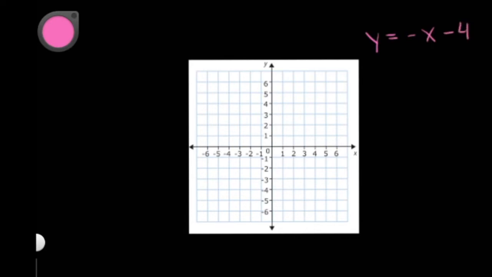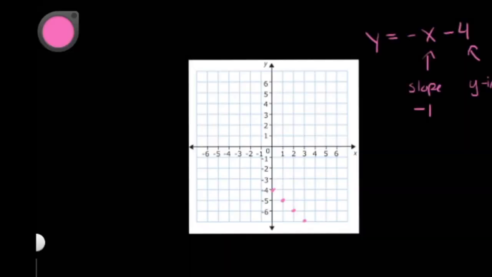So -x means I have a slope of -1, and this -4 is my y-intercept. So to graph this line, I'm going to start at -4, put a dot right there, and I have a slope of -1. So that means I'm going to go down by 1 over by 1, down by 1 over by 1, down by 1 over by 1.